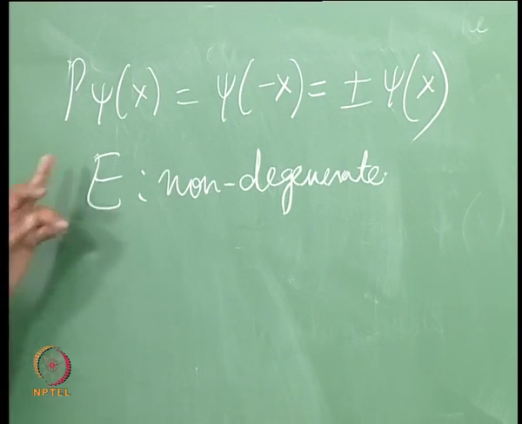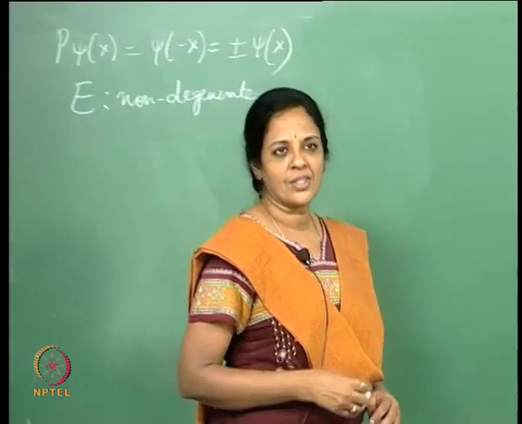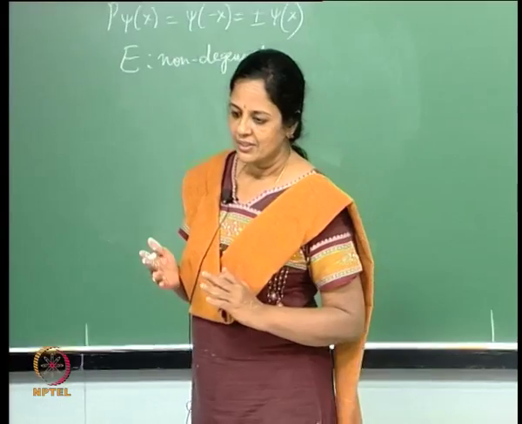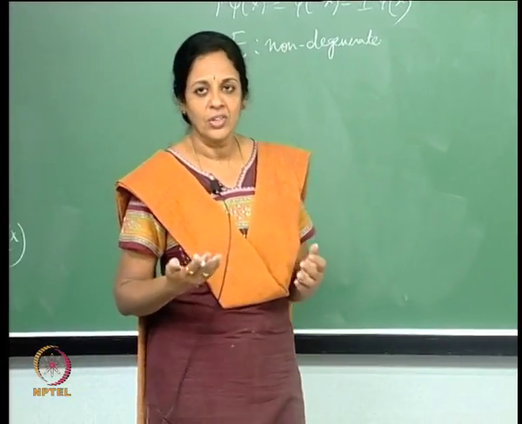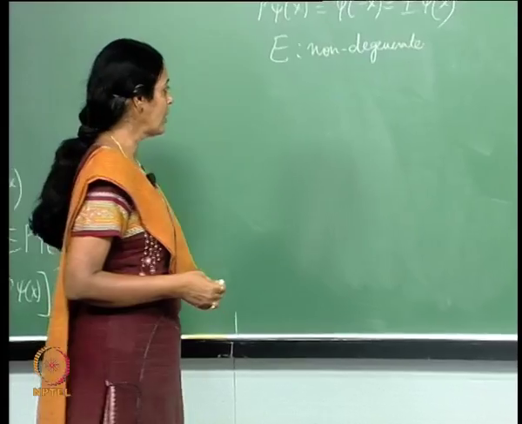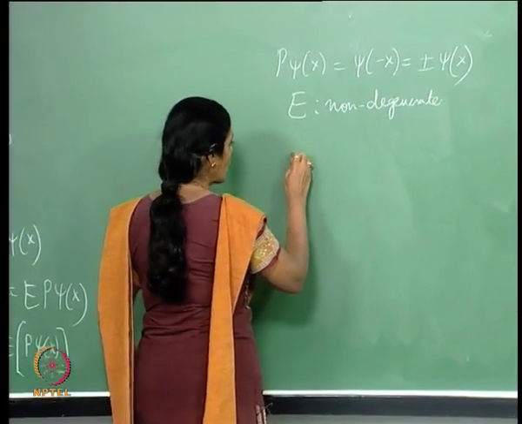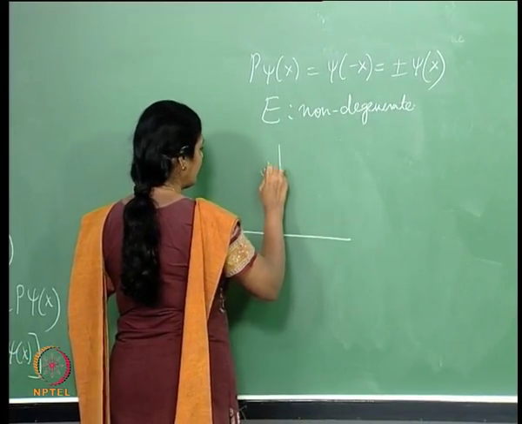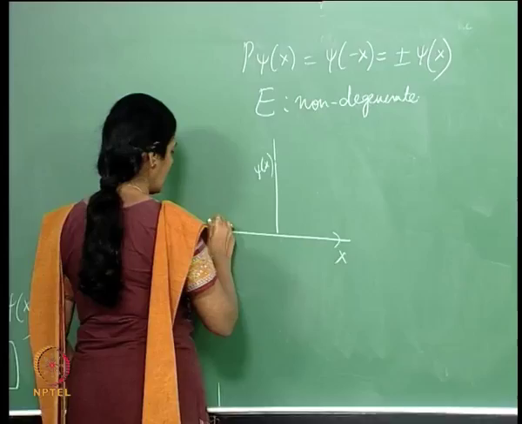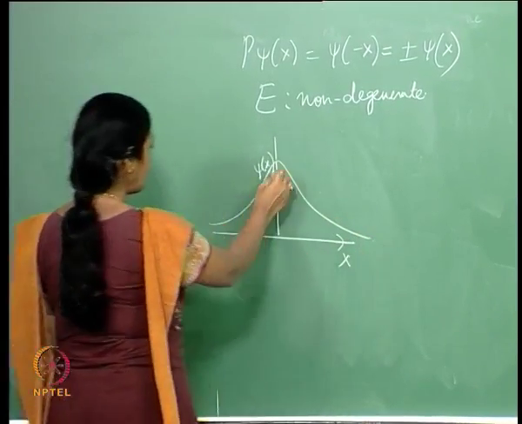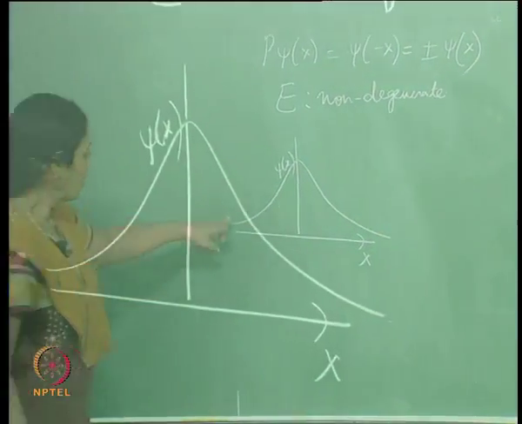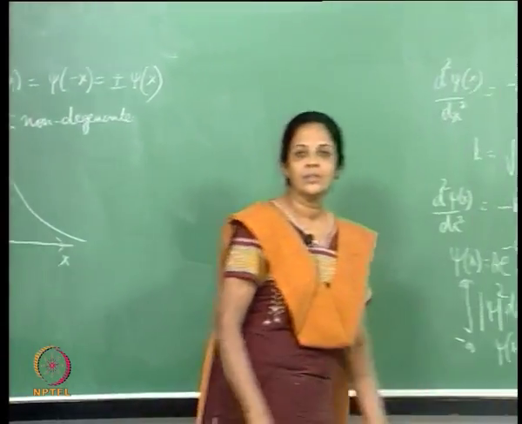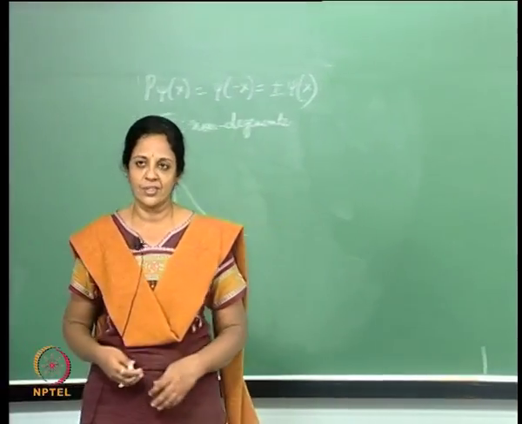And therefore, the eigenstates, the energy eigenstates, will have definite symmetry properties. They will either be odd functions of x or even functions of x. And you will recall that in the ground state we showed that psi of x was a Gaussian function of x, and therefore it's an even function of x, going to 0 as x goes to plus minus infinity, which I would require from my probabilistic interpretation.